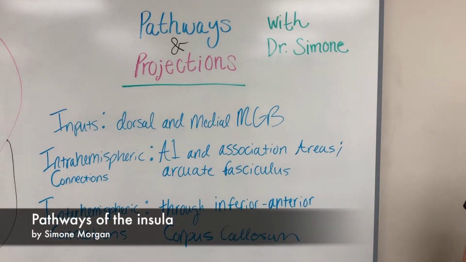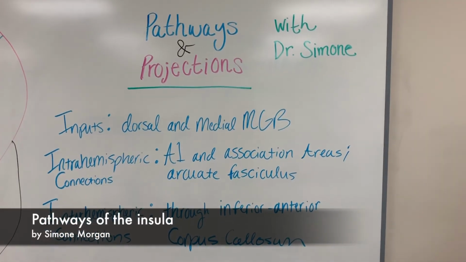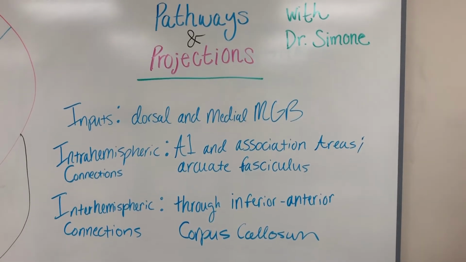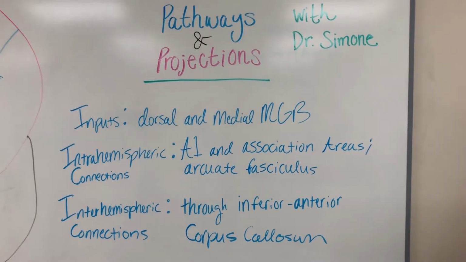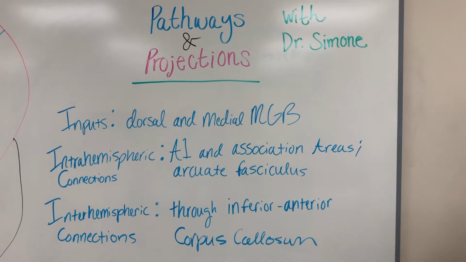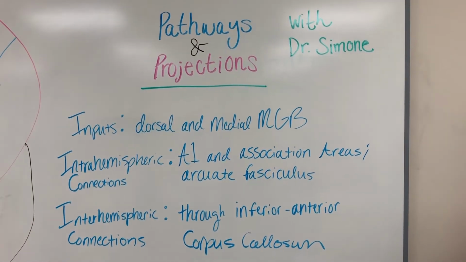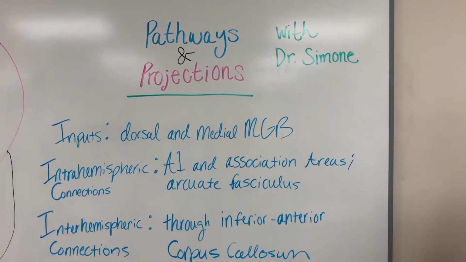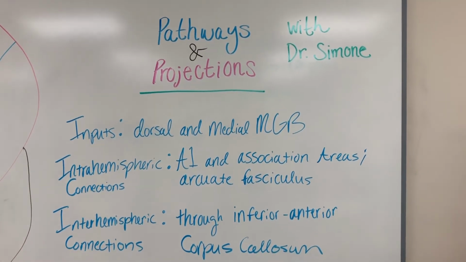So the pathways and projections of the insula include the inputs, the intrahemispheric connections, and the interhemispheric connections. The inputs include the dorsal medial geniculate body and the medial geniculate body.